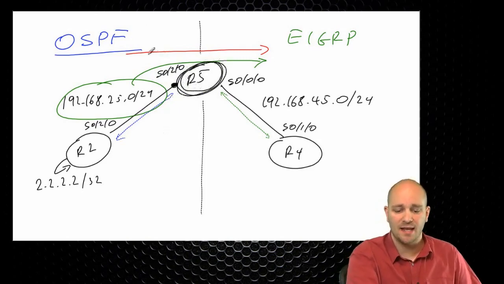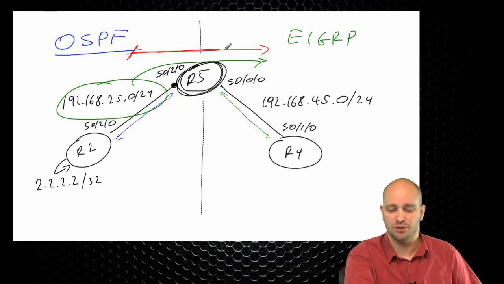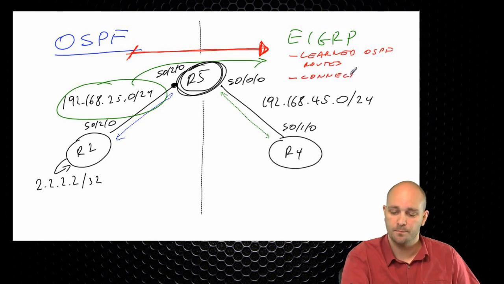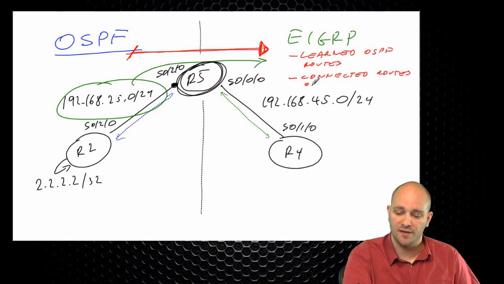So when I say redistribute OSPF routes into EIGRP, what is going to happen by default is that learned OSPF routes are going to be redistributed, but also connected interfaces or connected routes of interfaces enabled for OSPF.